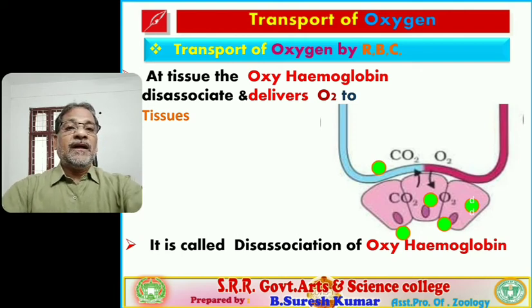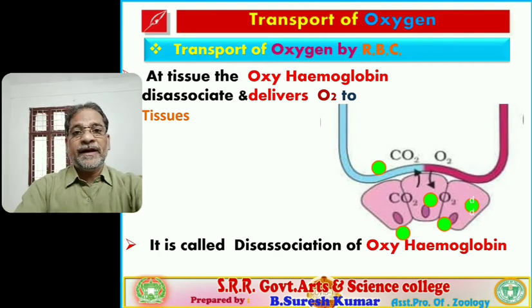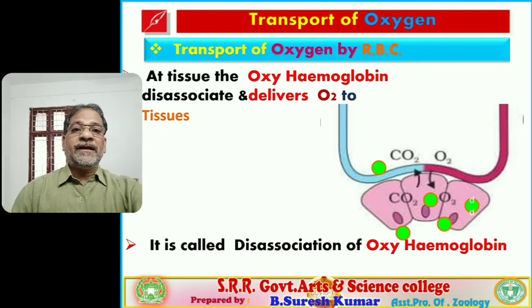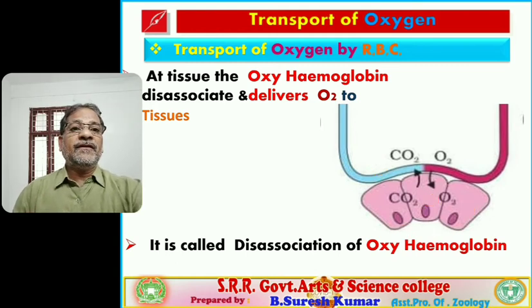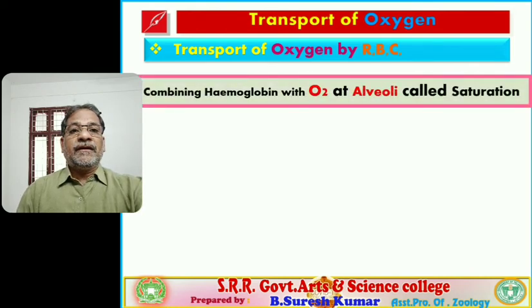So oxyhemoglobin is an unstable, temporary compound. When it reaches tissue, immediately it undergoes dissociation. Followed. So let us see the equation for it. The combining of hemoglobin with oxygen at the alveoli is called saturation.